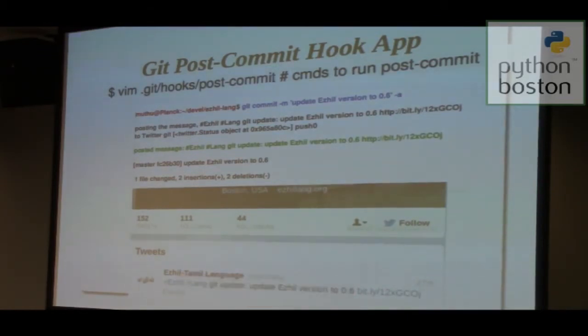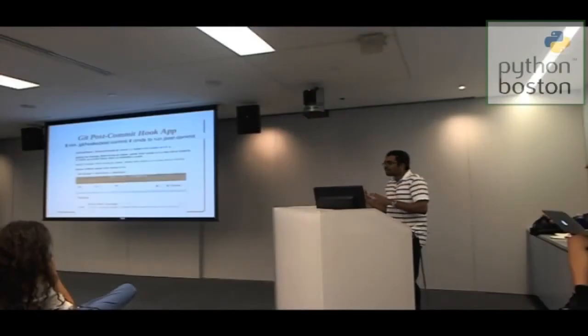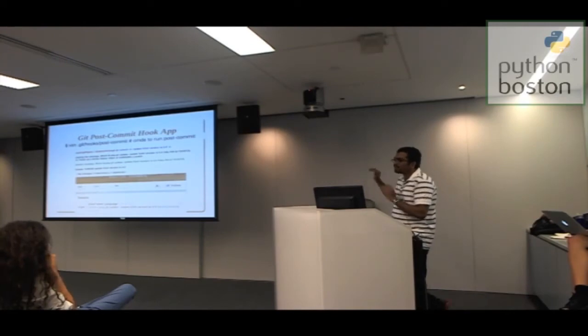You can set up commands to execute when you commit code. What I did was I have this Python app that runs when you commit code into Git, and that takes the latest log message and uses this Python Twitter to push it onto my Twitter timeline.